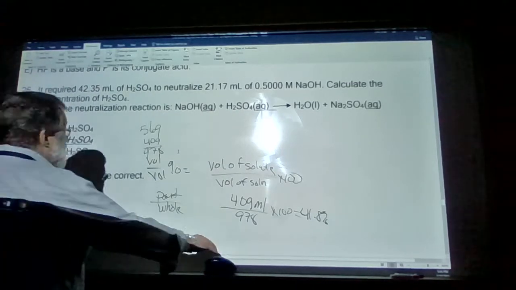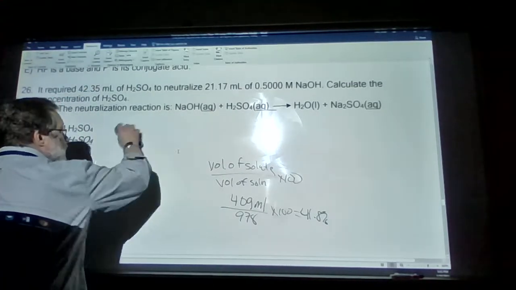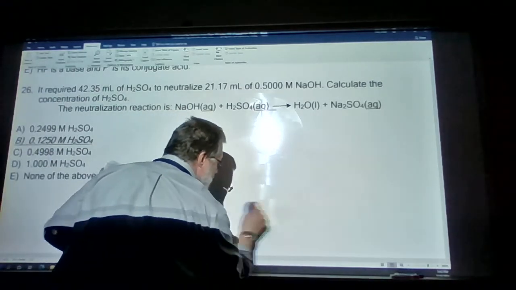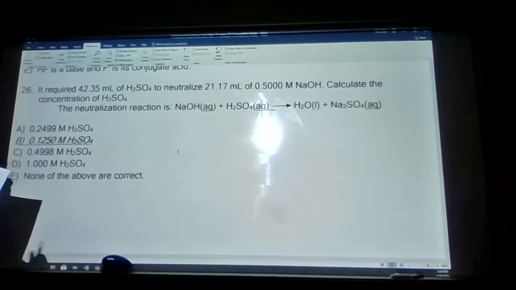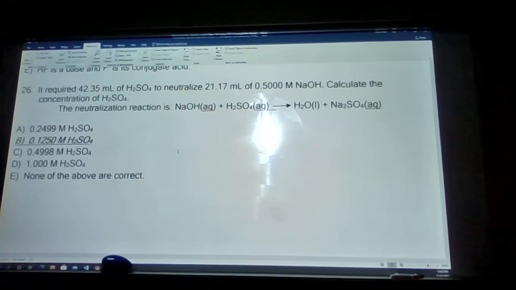It took 42.35 ml of H2SO4 to neutralize 21.17 ml of 5.5 molar sodium hydroxide. Calculate the concentration of H2SO4. First thing you do is write the reaction.